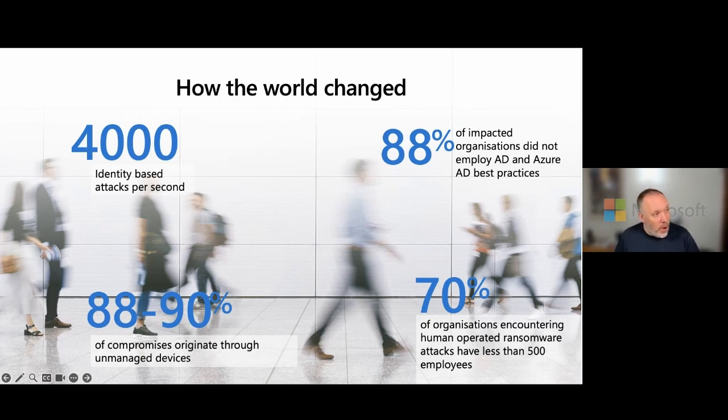We see that smaller and medium-sized organizations are as much at risk as larger organizations, but very often don't have the same tools, teams and professionals to protect themselves. And the last one, if you look at the top, I find quite an interesting statistic as well: 88% of the impacted organizations weren't following best practices, which leaves a lot of room for improvement, if you ask me.